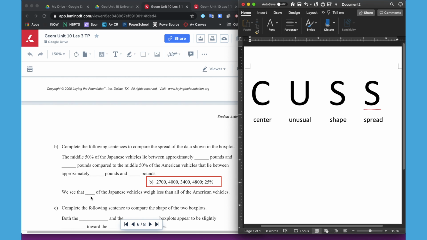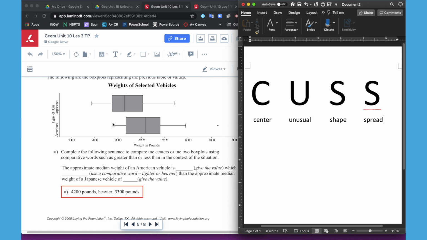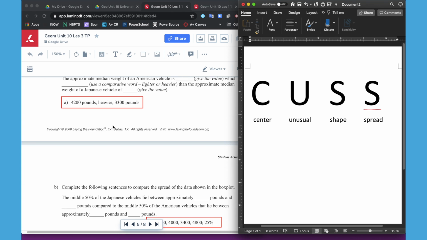We see that 25% of the Japanese vehicles weighed less than all of that. So if we look up here, this is the lowest American vehicle weight, and this is 25% of Japanese. So there's 25% that weigh less than the lightest American car. Those are the kinds of things they can use as comparison.